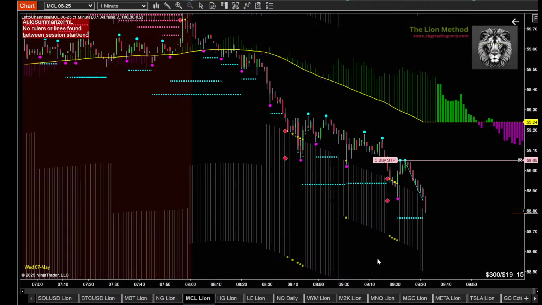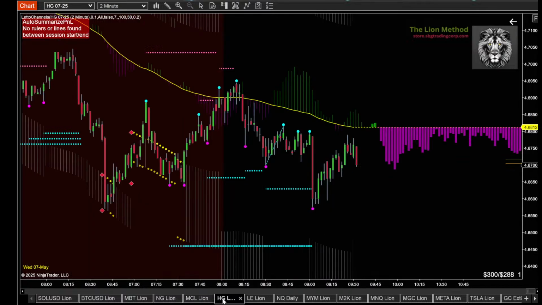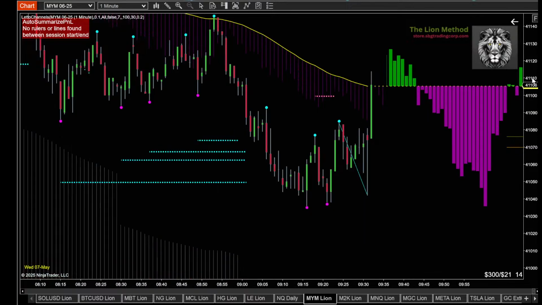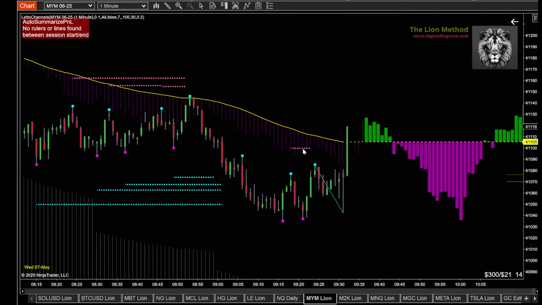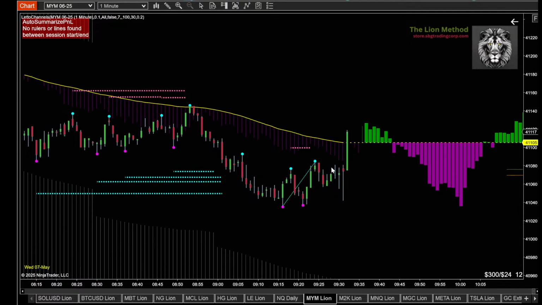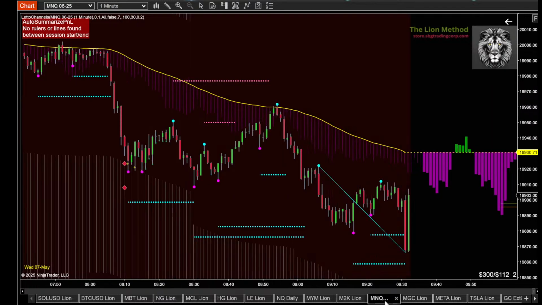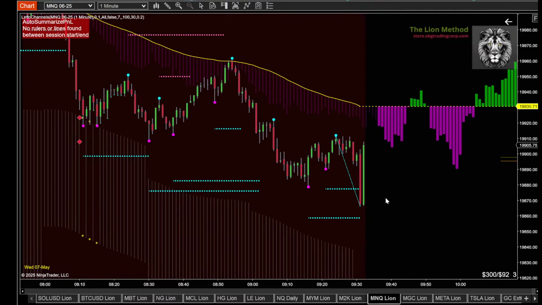All right, 9:30. We got market open. Let's take a look at the equities. Well, it would have been a great lion trade, but it never got oversold, so that isn't a valid trade, but would have been interesting. Would have been a profitable one.